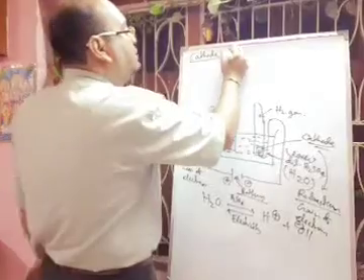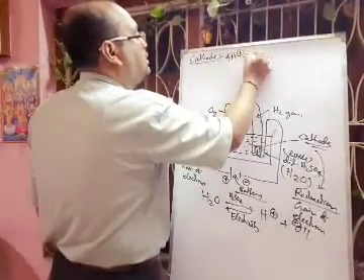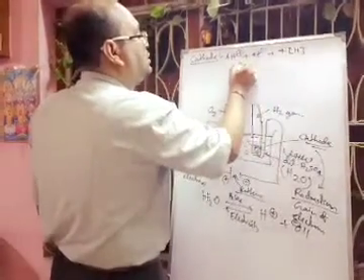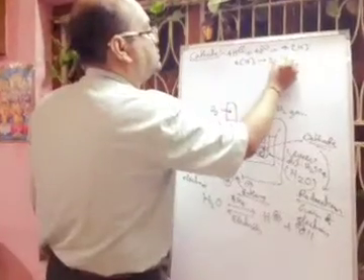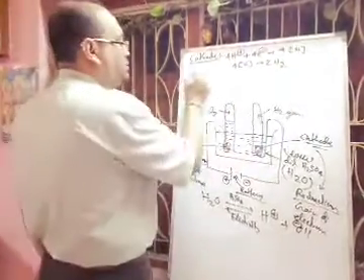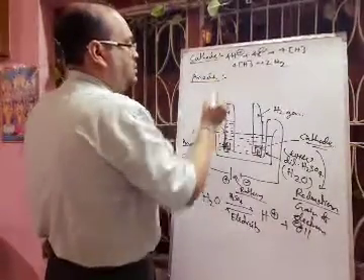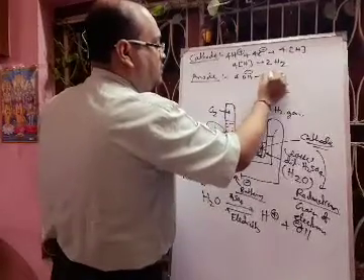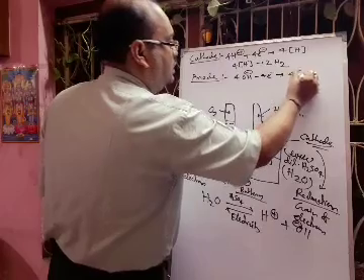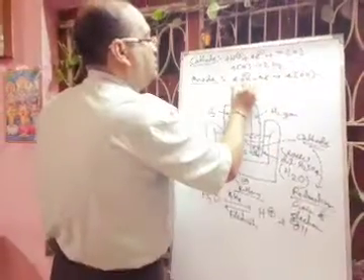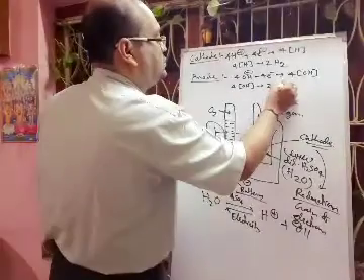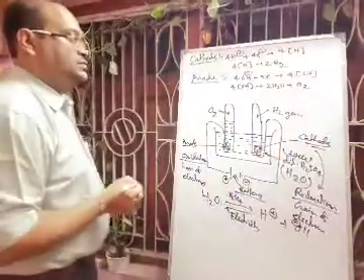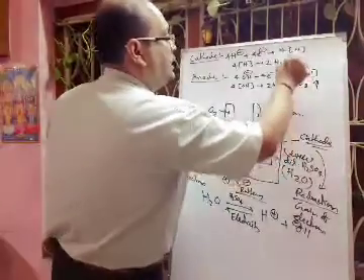So here 4H+ will go and accept 4 electrons, forming 4H, and these 4H will produce 2H2 gas. And at the anode, 4OH- will release 4 electrons, forming 4OH, and from these 4OH there will be 2H2O plus O2. Oxygen gas will be produced at that point, and at the cathode there will be formation of hydrogen gas.